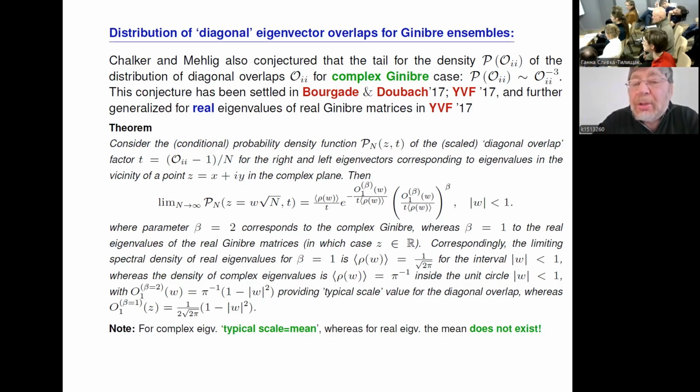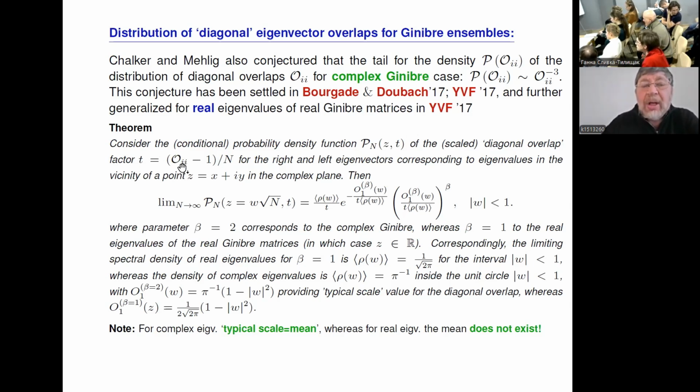This method that I'm going to discuss can be applied to both situations. The method of Bourgade and Dubach, it seems, at least at the moment, seems only to be applicable to the complex Ginibre case. But I think that it also probably can be developed further to cover both cases. Now I formulate results for both cases as the following theorem, namely, let us introduce the probability density of a natural variable.